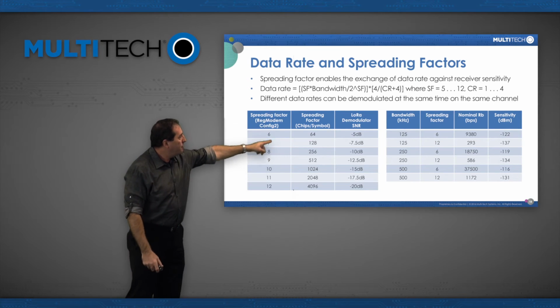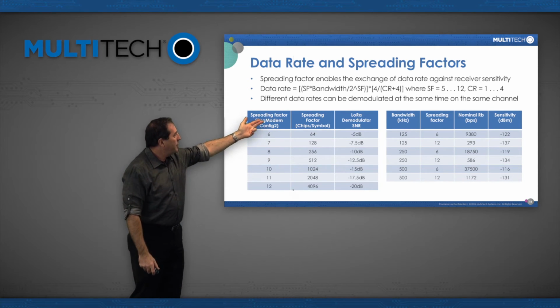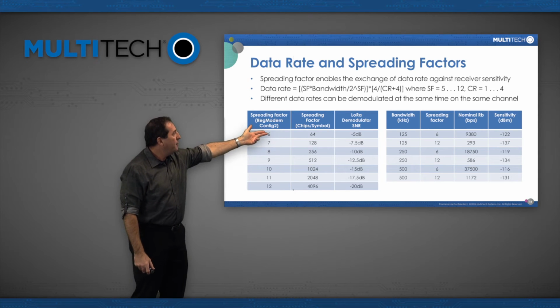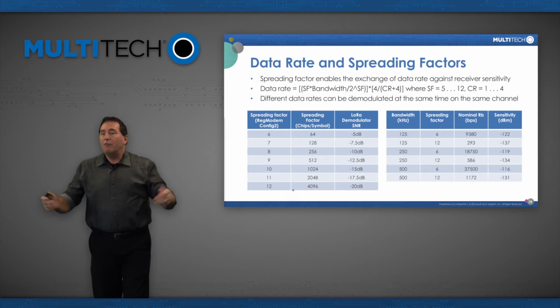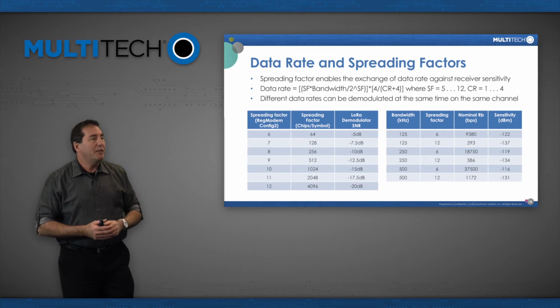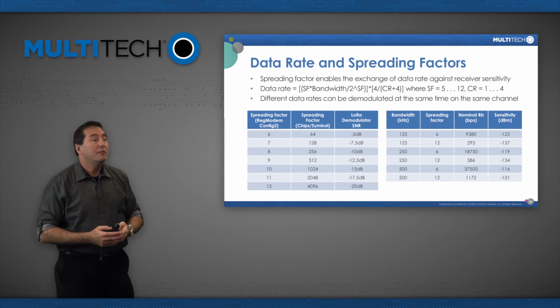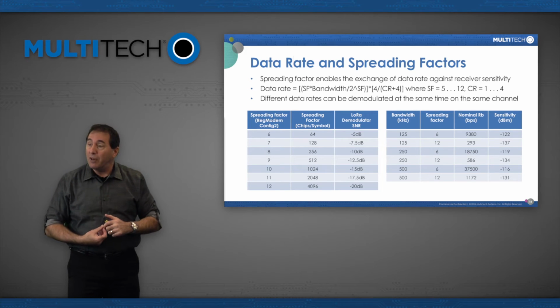So in that right-hand part there, you see a bandwidth of 125 kilohertz at the top, a spreading factor of 6. You're going to have a data rate of 9,000 bits per second. That's actually really good compared to, say, Sigfox.